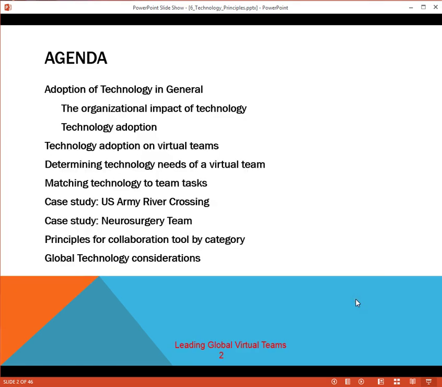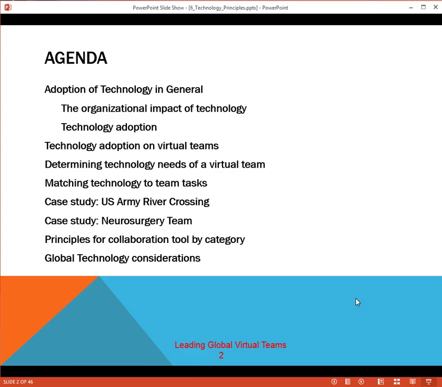So our agenda, we'll look at the adoption of technology in general, and there's 2 topics here: the organizational impact of technology and the technology adoption process, also known as the diffusion process. Then we'll look at technology adoption on virtual teams.